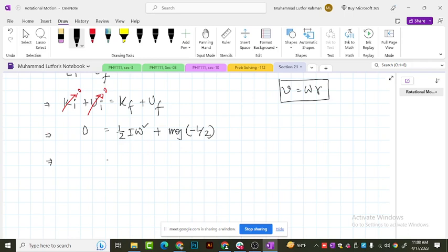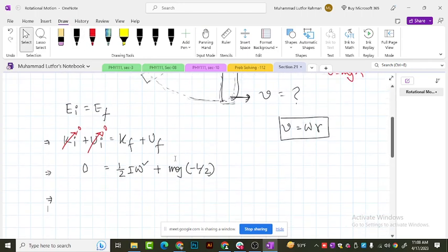Should I explain that one? Yes, sir. Then why are you not asking? If you are hungry, then I am supposed to ask you, are you feeling hungry? Why don't you ask me, why don't you explain why this potential energy is minus mgL by 2? Come on guys, be responsible about yourself.